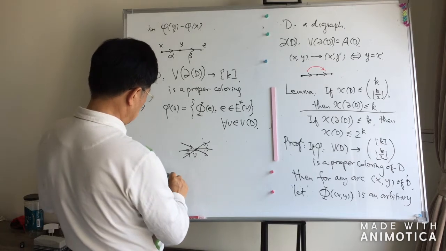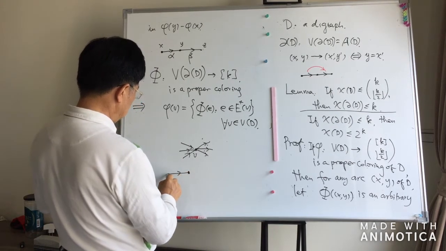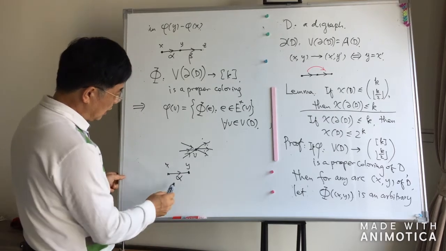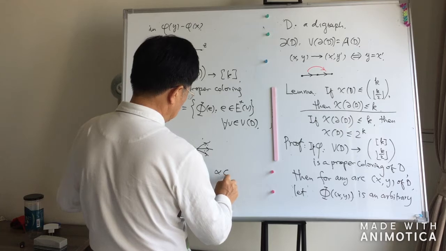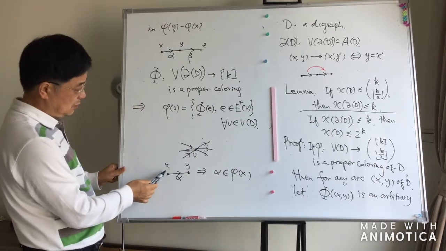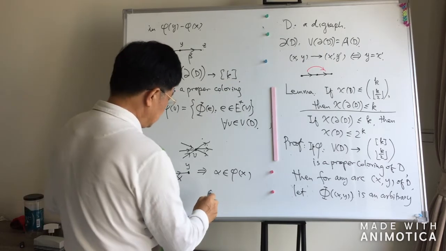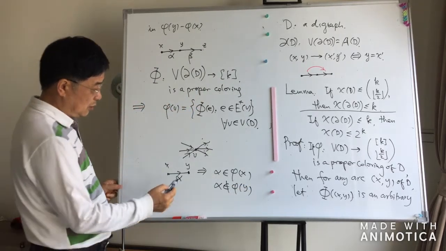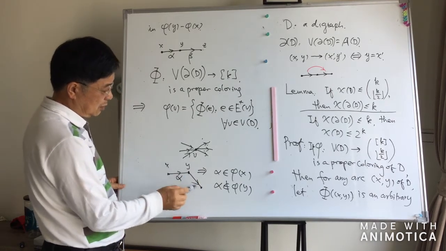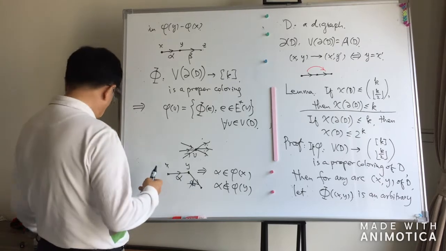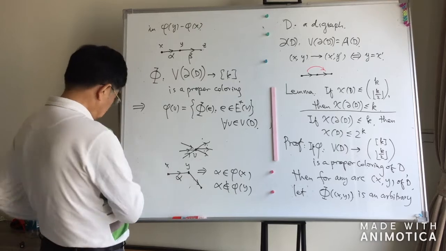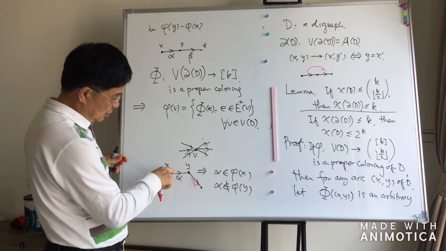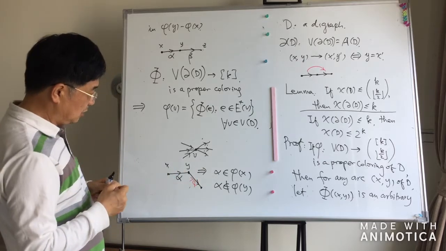If there's an arc from x to y colored by alpha, then alpha is in phi x, because it's an outgoing arc of this vertex. And alpha is not in the colors of any outgoing arcs of y, because if this were colored by alpha, then this arc and this arc would be adjacent, since there's a directed edge from this one, so they cannot be colored by the same color.